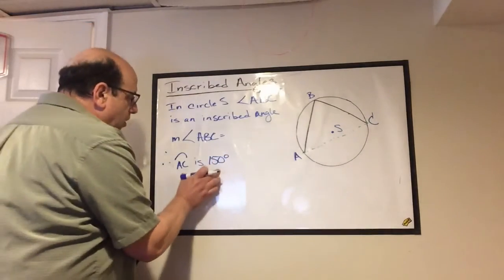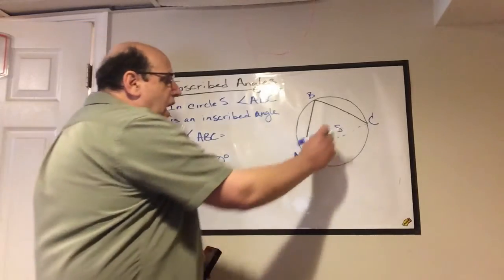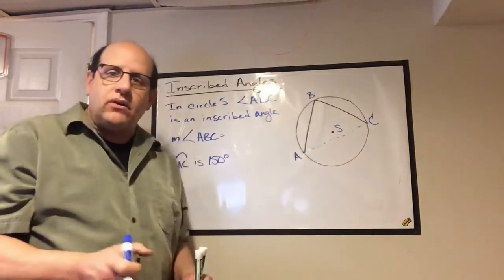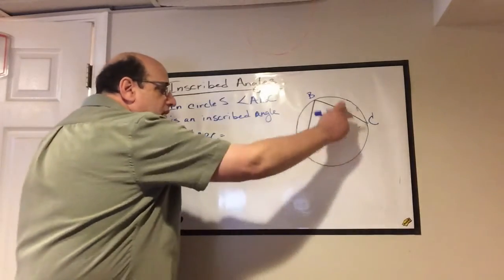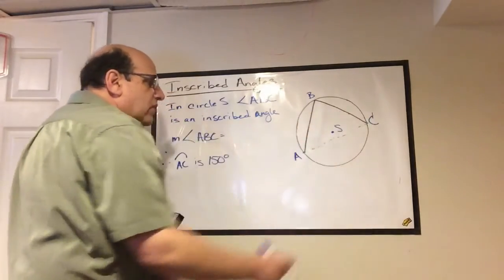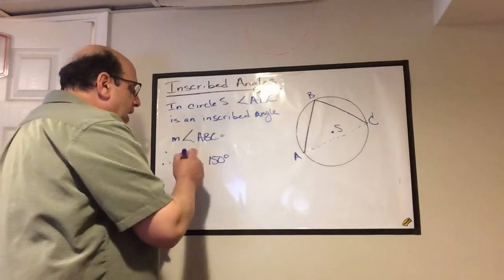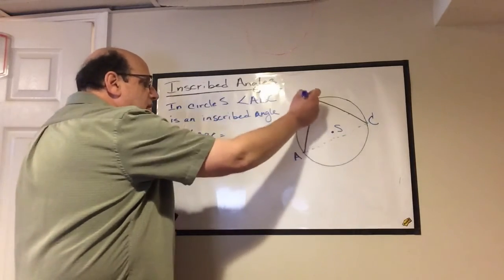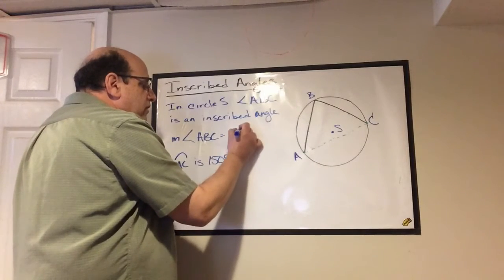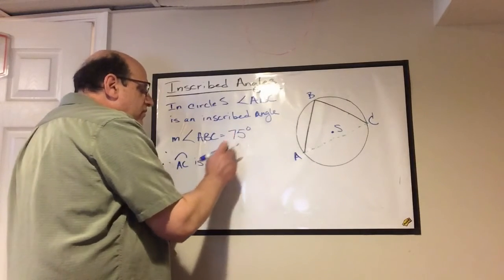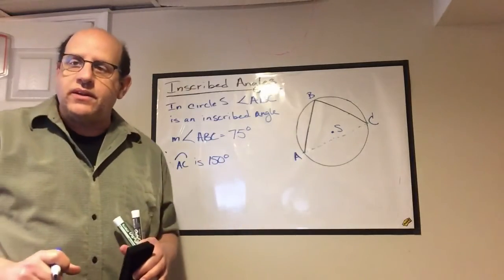Well, if I know that the arc is 150 degrees, I know that this inscribed angle has to be half of it. So if this is 150 degrees here as an arc, right, then we know that ABC has to measure 75 degrees because 75 is half of 150.